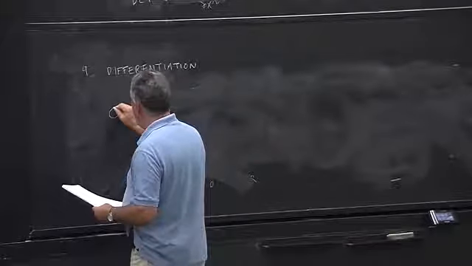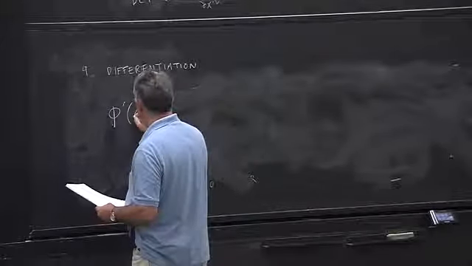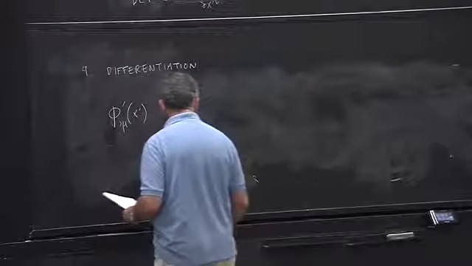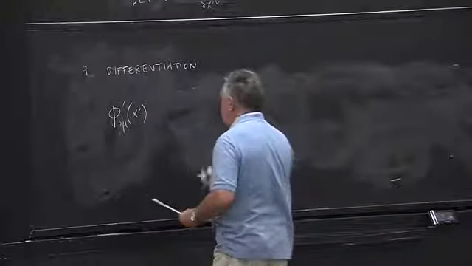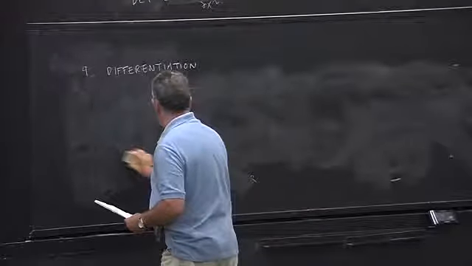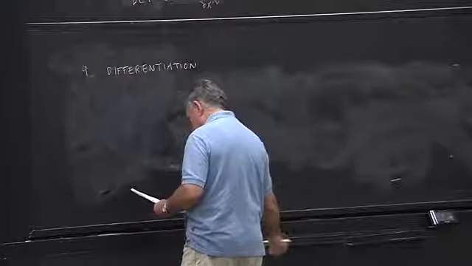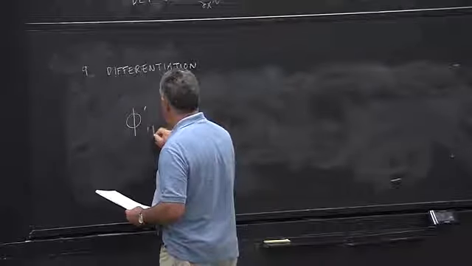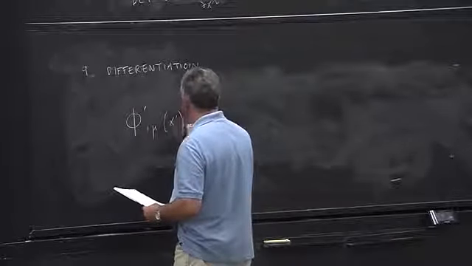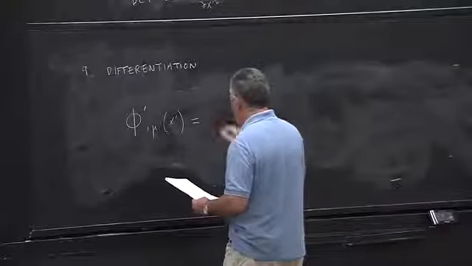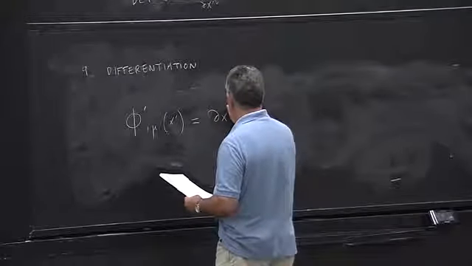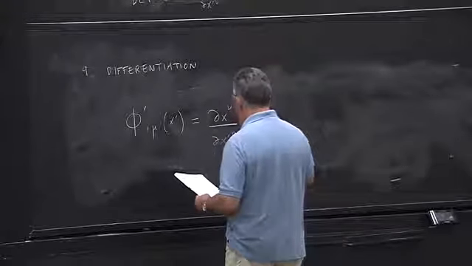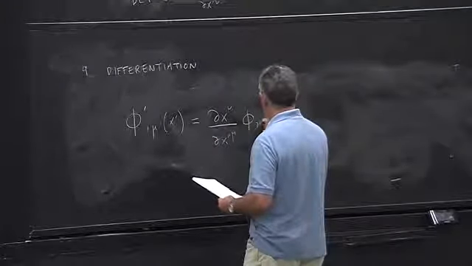Now you remember the derivative of a scalar: phi prime comma mu of x prime was dx nu over dx prime mu, phi comma nu of x.